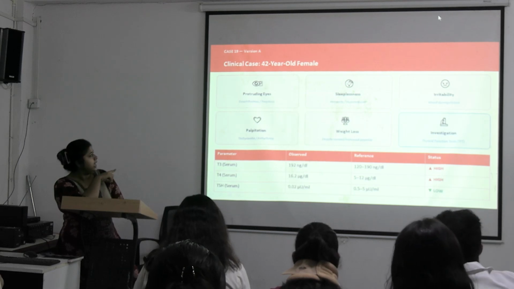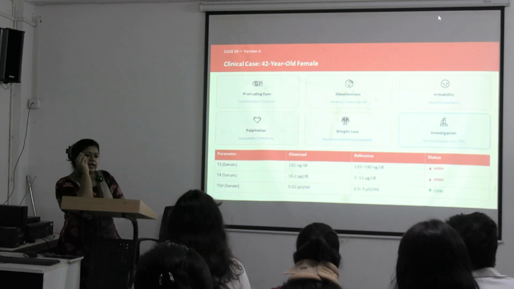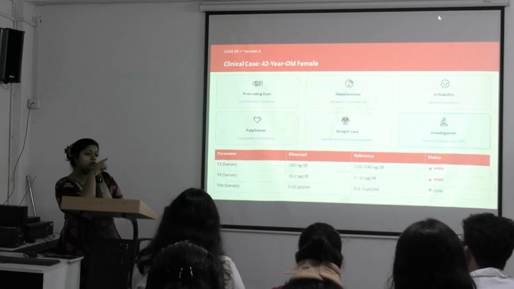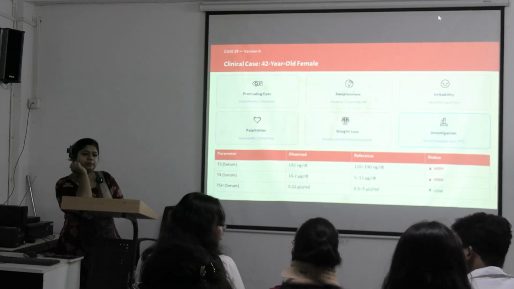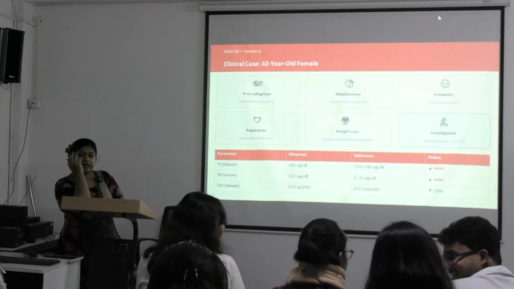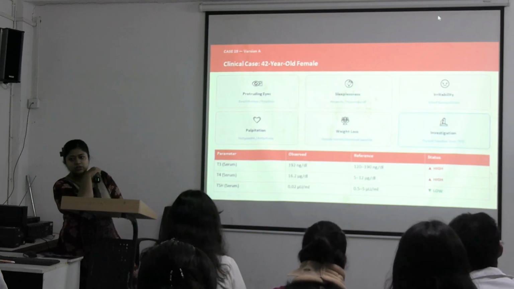So exophthalmos or protruding eyes not only means bulging eyeballs, but you have to look at whether the upper part of the cornea is covered by the eyelid. When the whole of the cornea is freely visible, then it is a kind of exophthalmos, right?